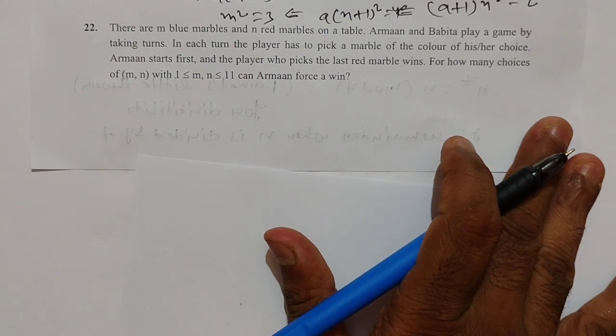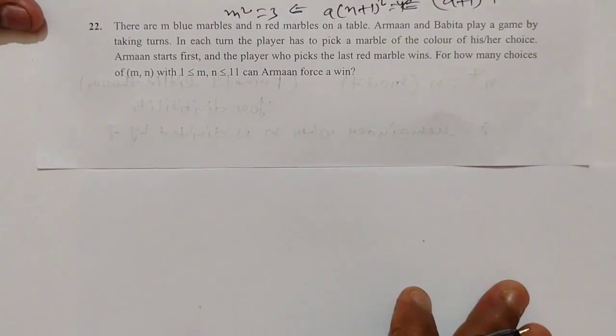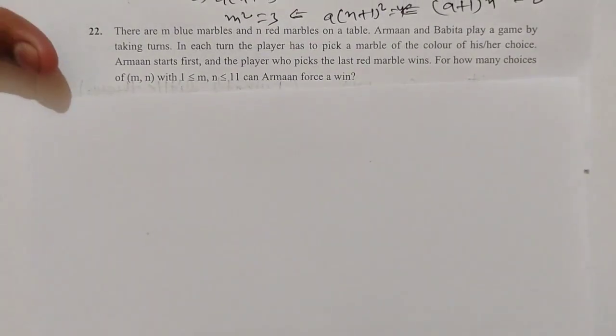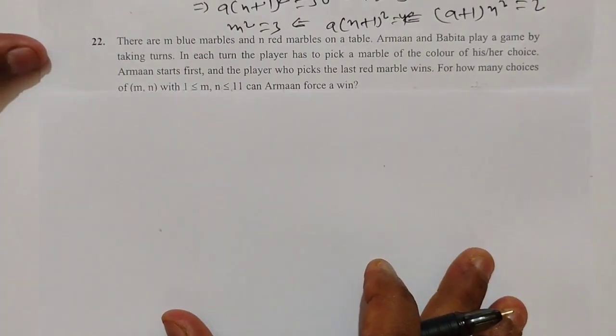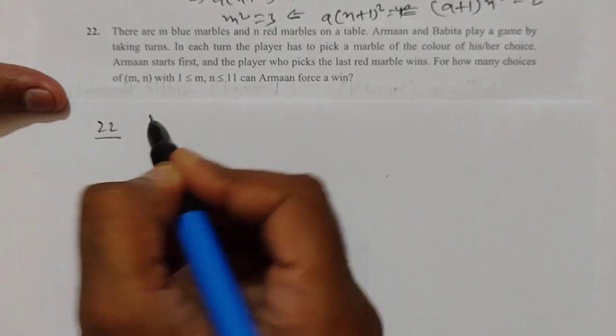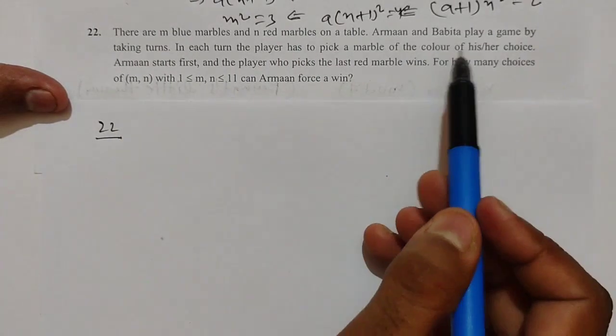Now in this case, there are m blue marbles and n red marbles on a table.